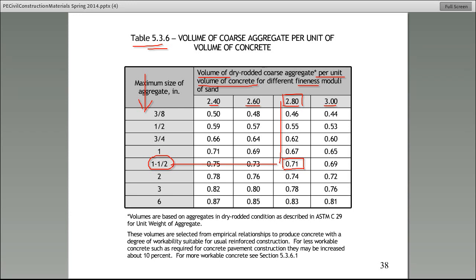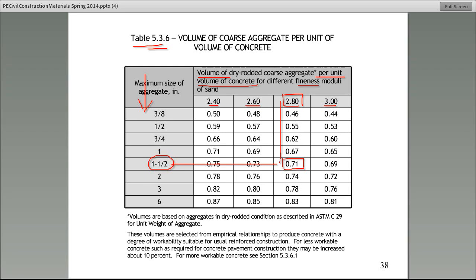Well, remember, ACI 211, this design process that we are using, the ingredients and the recipe that we come up with will give us 1 cubic yard. Remember that. Write that down.